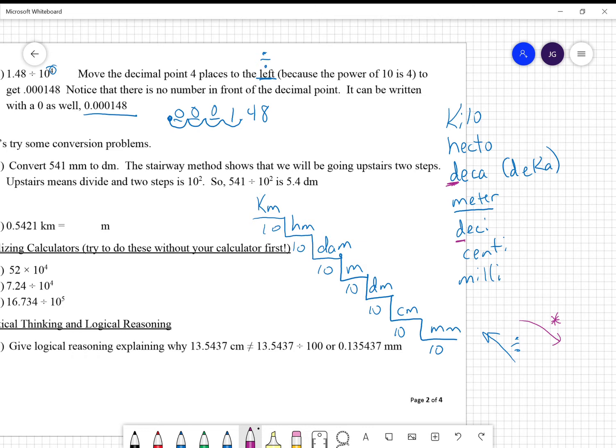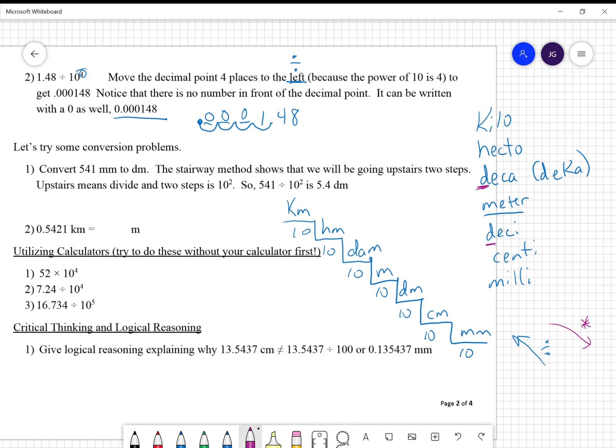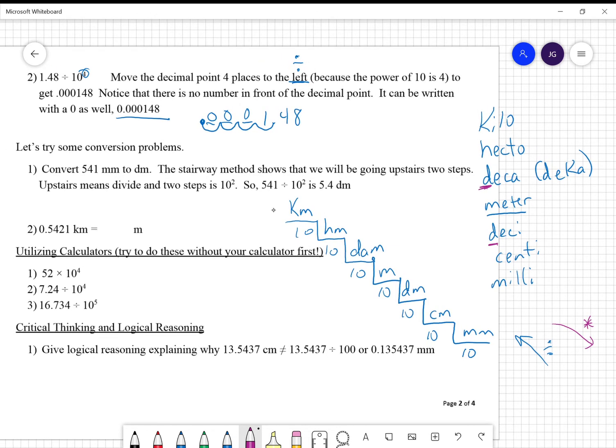So if I want to convert 541 millimeters to decimeters, I'm on this step to start, millimeters. I want to go to decimeters. I'm going to go up 1, 2 steps. So I'm going up, I'm dividing. So I have 541 divided by 10 to the second is 5.41.